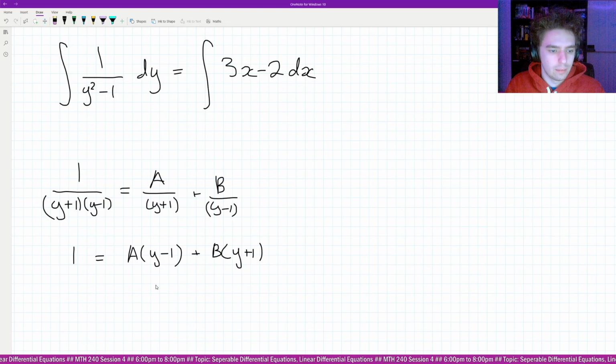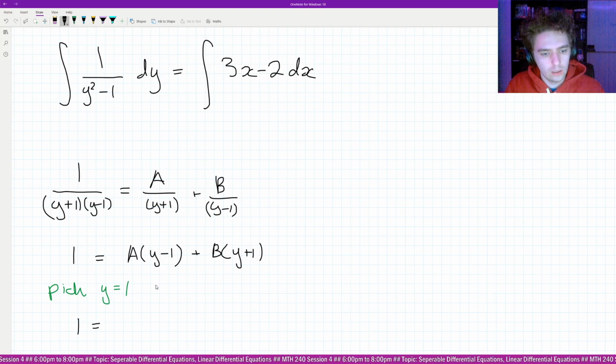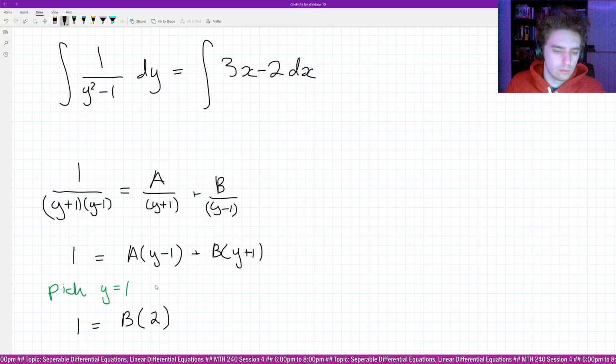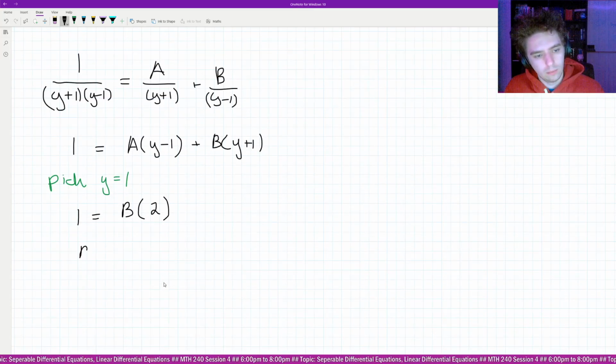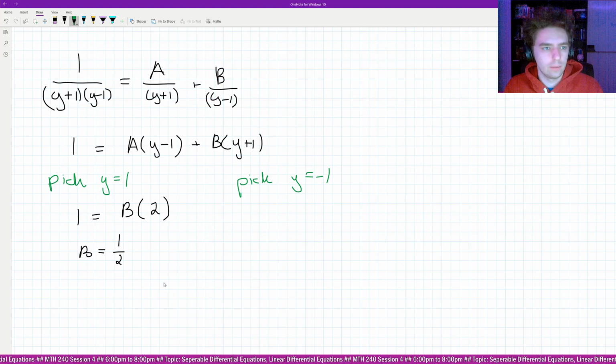So pick y equals 1. So this would be 1 equals b times 2, right? So b equals a half. And then I will also pick y equals negative 1.